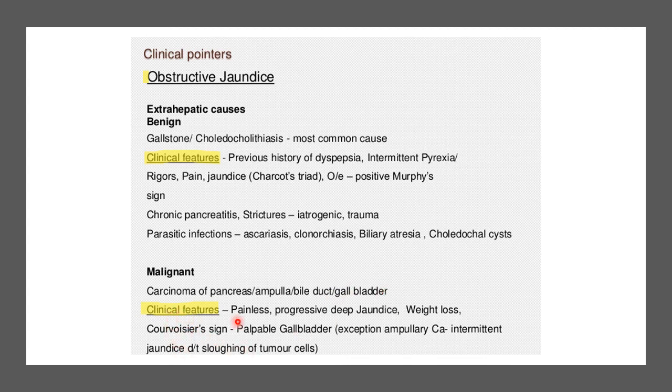The clinical features are painless, progressive deep jaundice, weight loss, and Courvoisier's sign is usually positive with a palpable gallbladder, a very important sign in malignant cases.